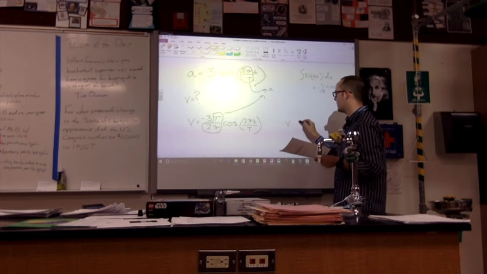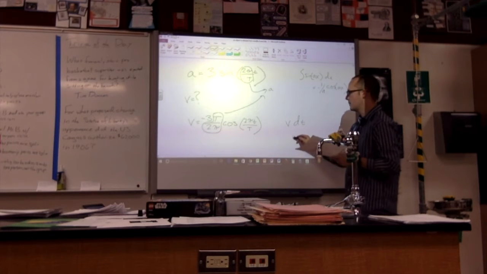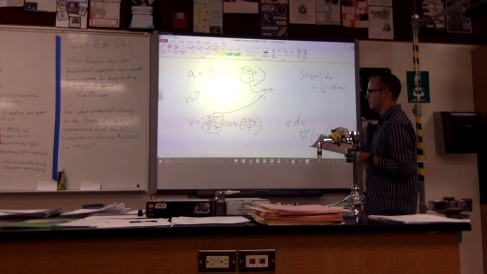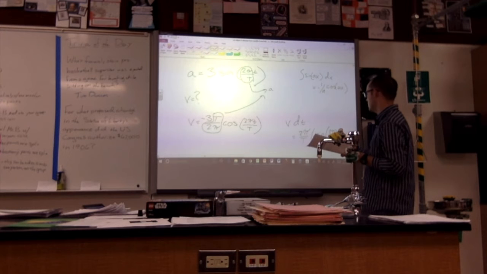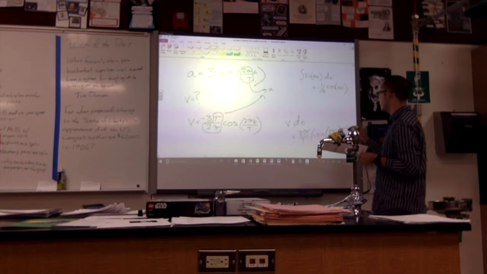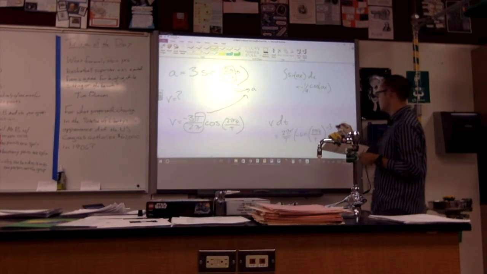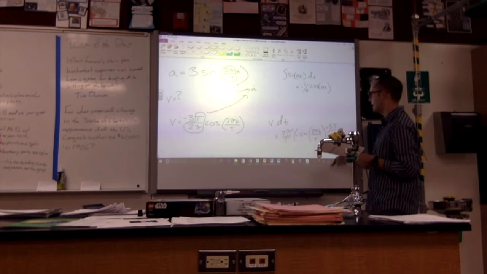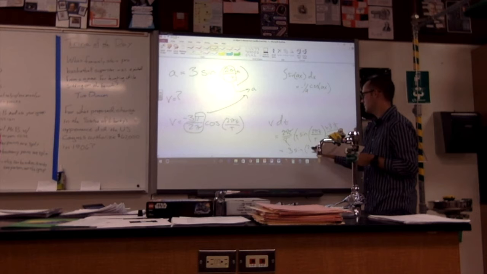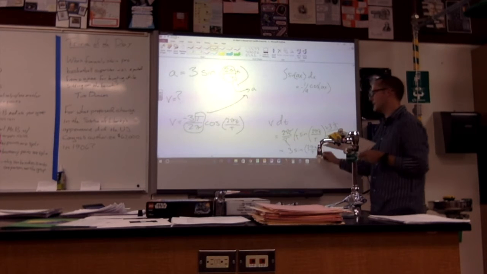Taking the derivative of velocity, I get 2 pi over T, and it becomes a negative sine, with the chain rule for 2 pi t over T. Negative cancels, 2 pi cancels, T cancels, and I'm left with 3 sine 2 pi t over capital T. My original equation.